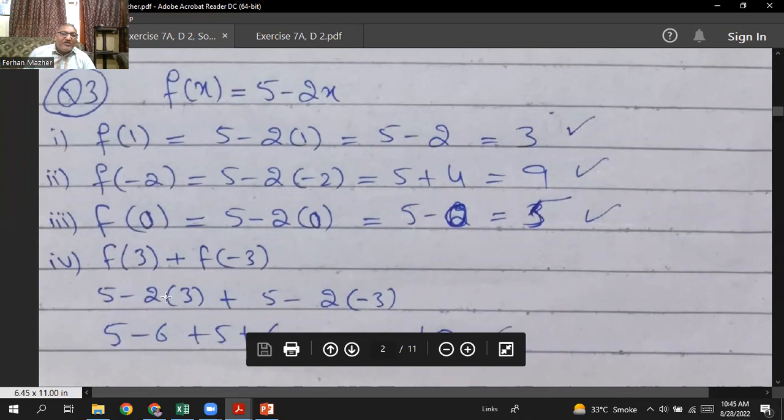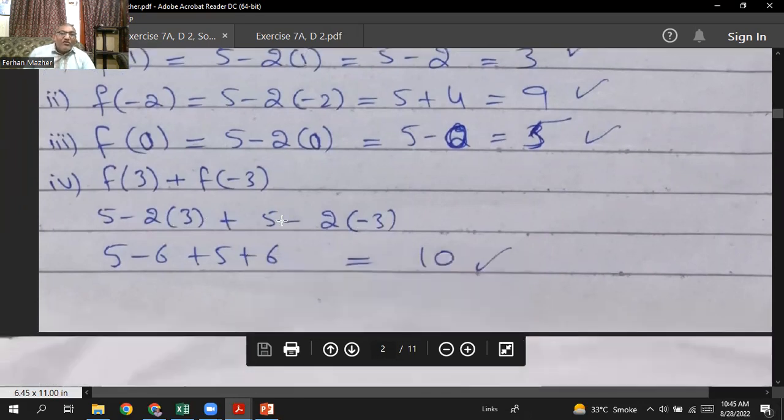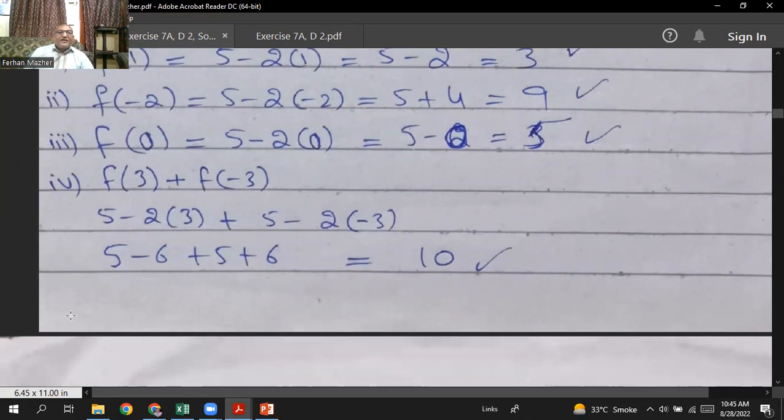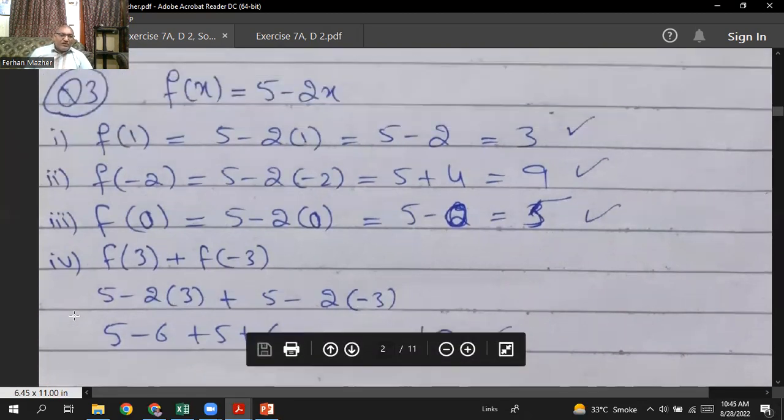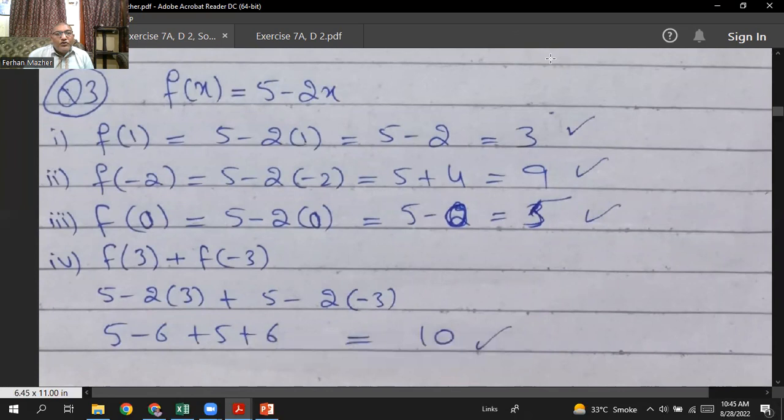So here you have 5 minus 2 bracket 3 bracket close plus 5 minus 2 bracket minus 3 bracket close. So you will have 5 minus 6 plus 5 plus 6, and that will be 10. So this is how you do question number 3, my dear students. This is showing up on your screen, and I hope you understand this.